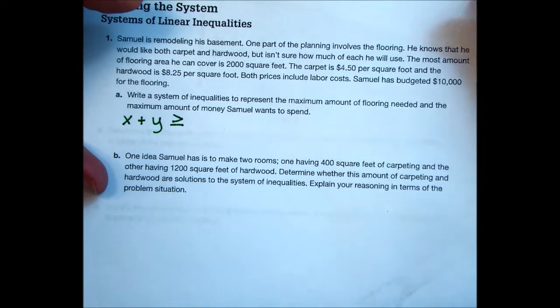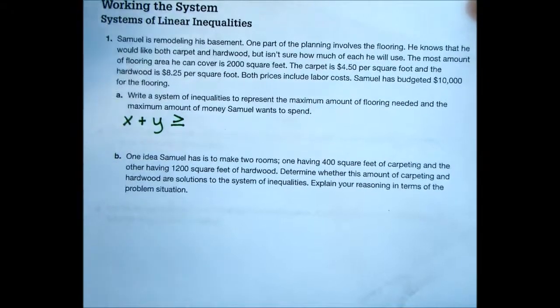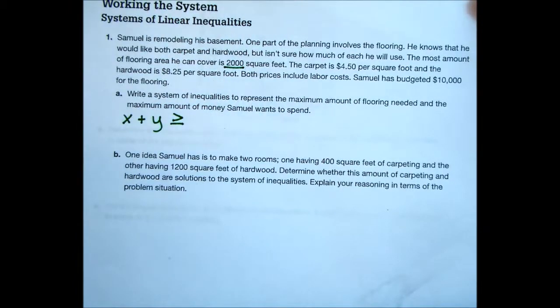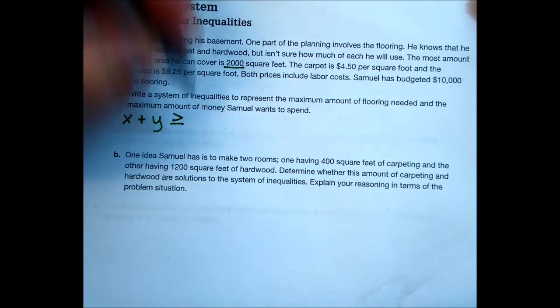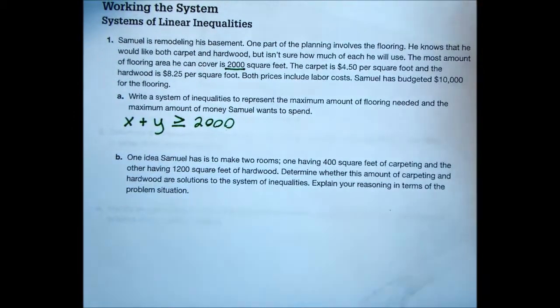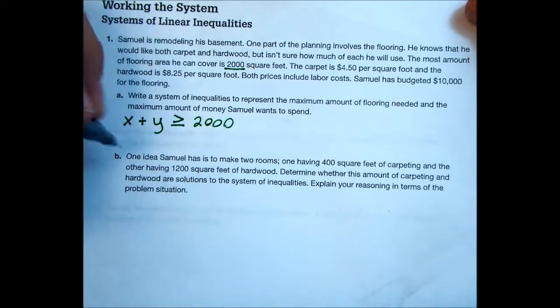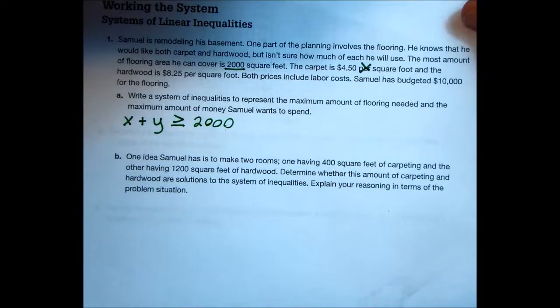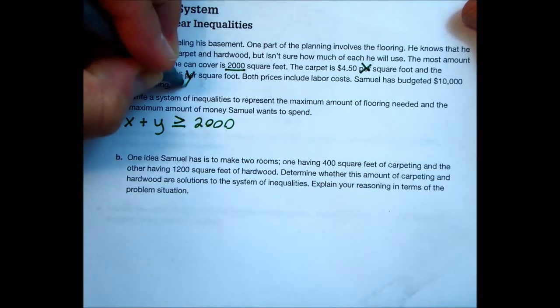We know we're doing a system because we have two independent variables. We have two rates of change. So we know that X plus Y has to be less than or equal to 2,000 because this is all feet. And then we have $4 per foot, per, meaning this is our X, $4 per, which is our Y.